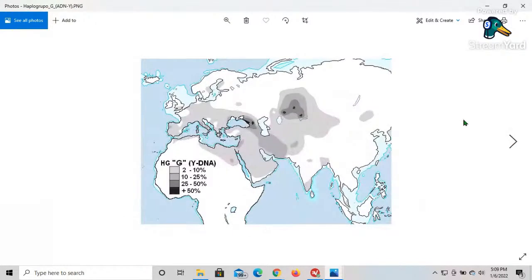So, the G, of course, is the Assyrian. Now, the Assyrians, I didn't get a whole lot of chance to cover the Assyrians. But anytime, like I said, the Assyrians are in this area right here.